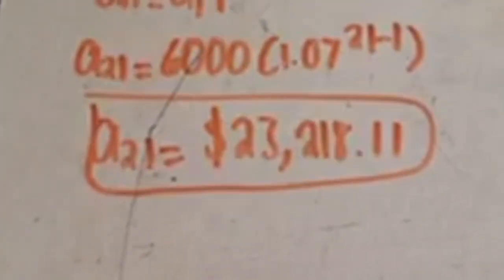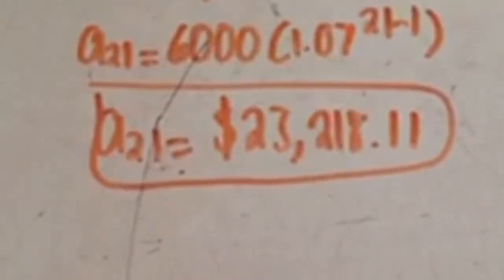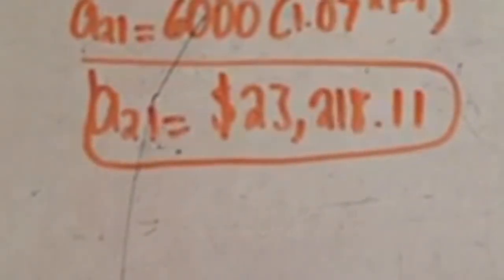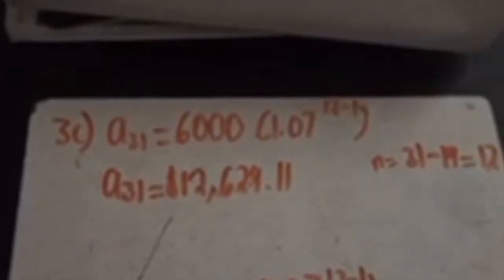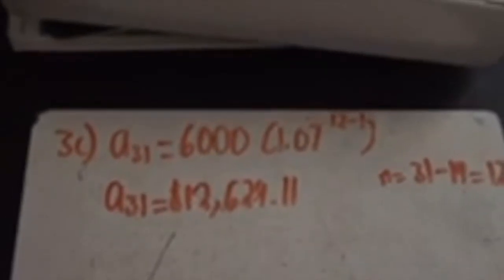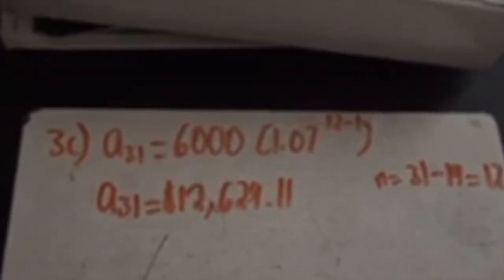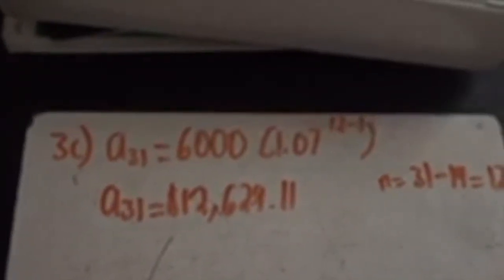So as you see here, you plug in everything, multiply everything out, and in 21 years, on your 40th birthday, you'll get $23,218.11.